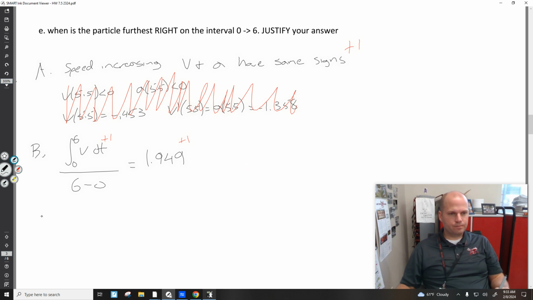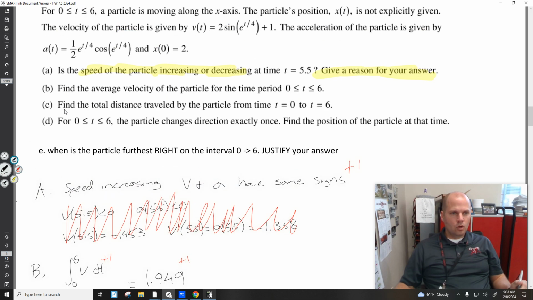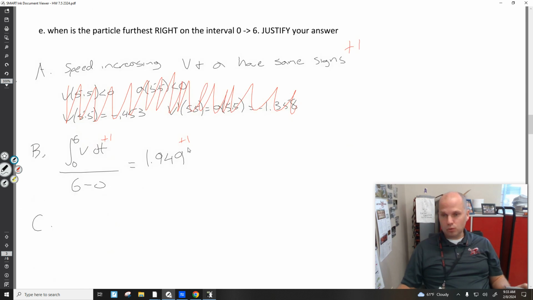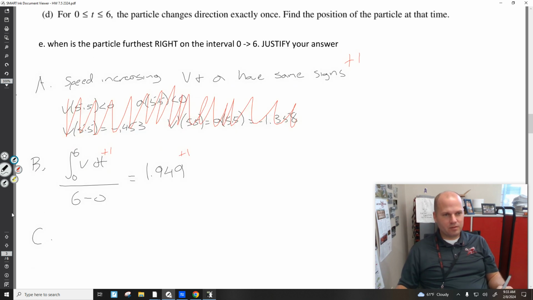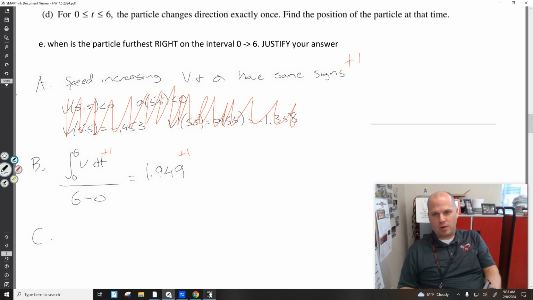Part C. Find the total distance traveled. Ooh, I could use a full sign analysis if I wanted to. Probably a lot of you when you're doing these questions are immediately throwing down 0, A, 6, your derivative, your velocity is positive, then negative.